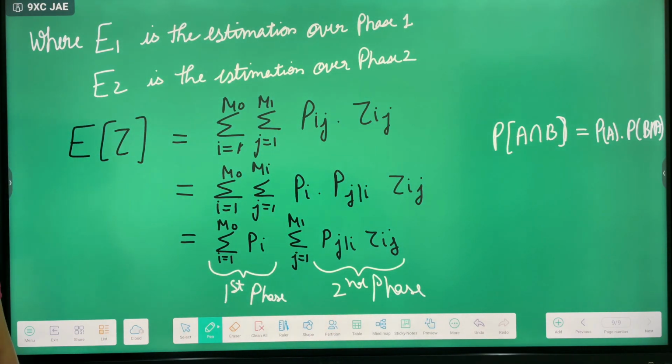So this is the estimation of our double sampling.